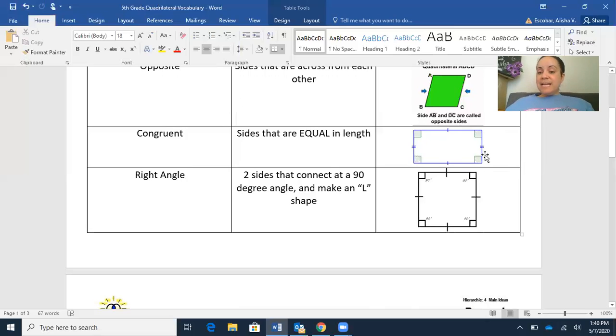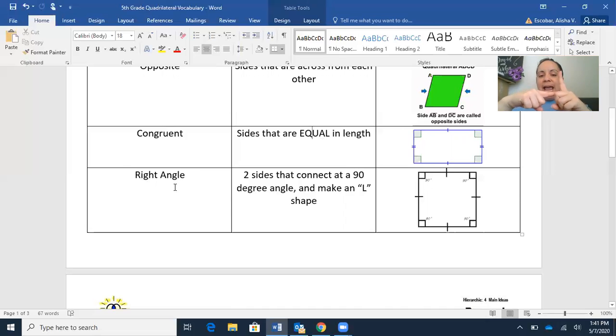So that means that it is congruent to the opposite side, which is also 2 inches. So opposite sides are congruent. These two are congruent and these two are congruent. Congruent means equal.